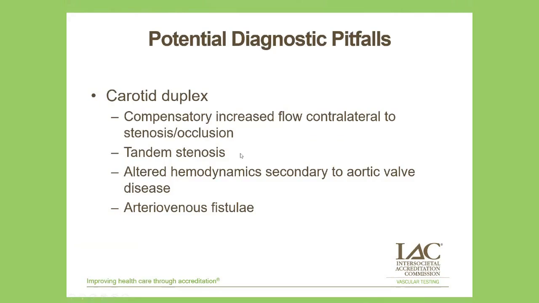A tandem stenosis is a situation where two separate areas of narrowing are present, spatially separated within the same vessel, such that the downstream stenosis occurs in the site of altered hemodynamics, which might affect our diagnostic criteria.